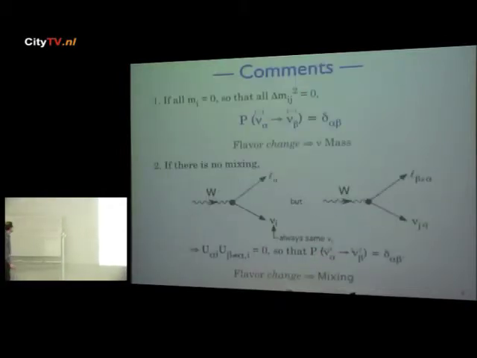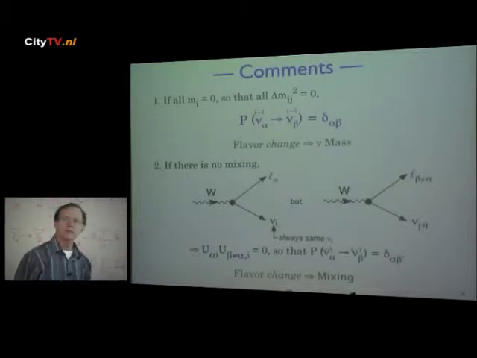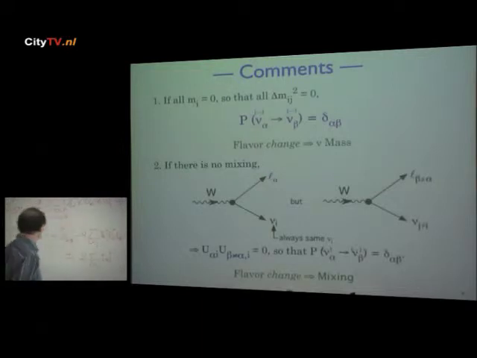Okay. First, suppose neutrinos were massless. Then in particular, all of these mass differences would be 0. All these sine functions would vanish. This probability would collapse to delta alpha beta.